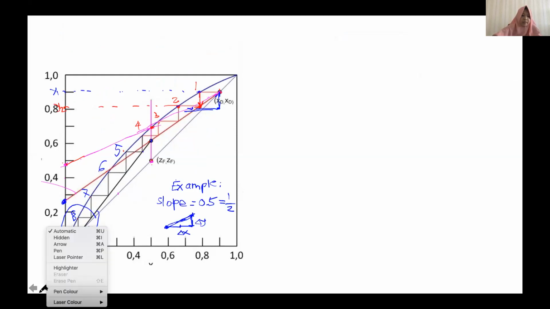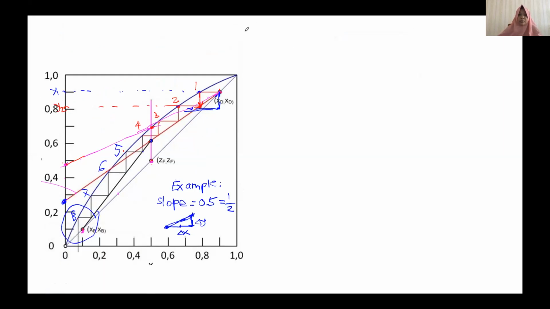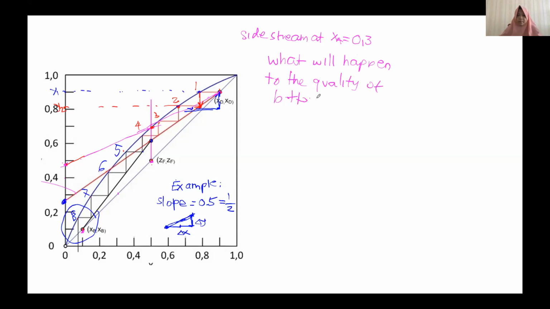My question is, if I do a side stream at x a equal to 0.3, what will happen to the quality of the bottom product?